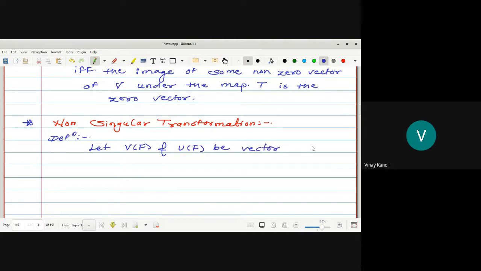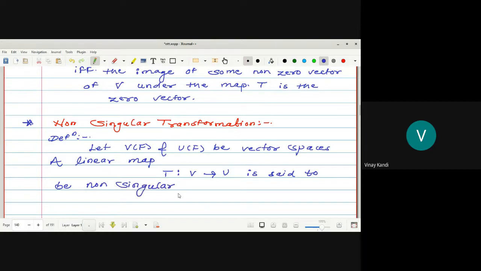A linear map T from V to U is said to be non-singular if only 0 belongs to V maps into 0 belongs to U.